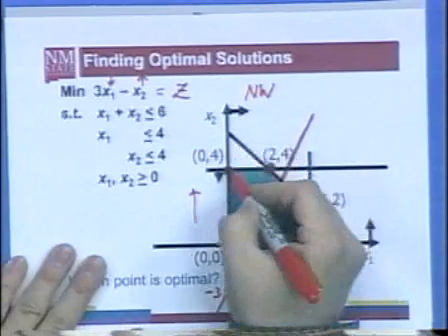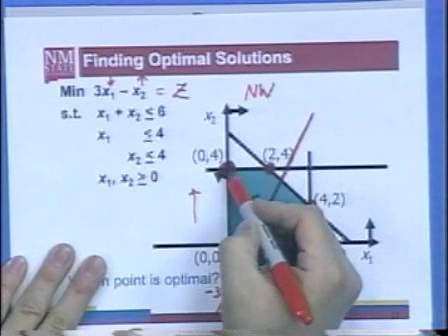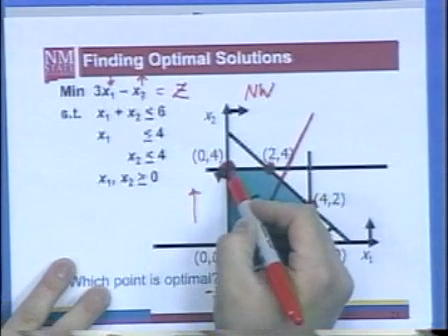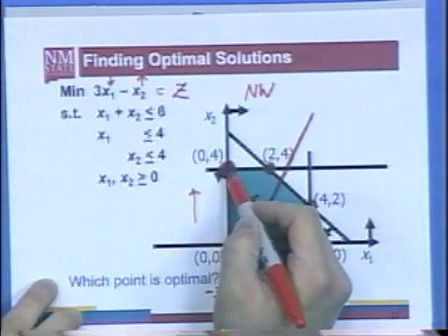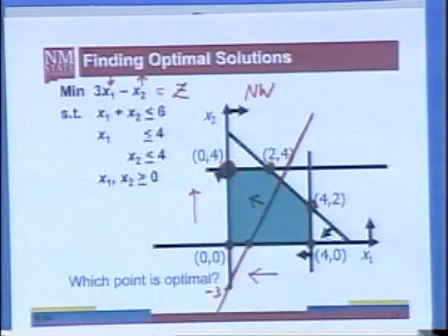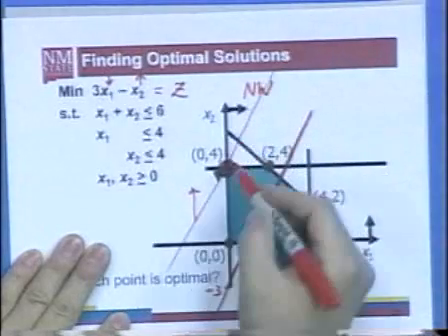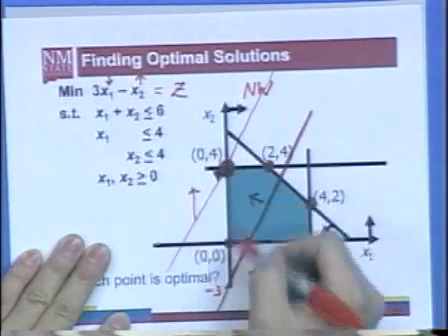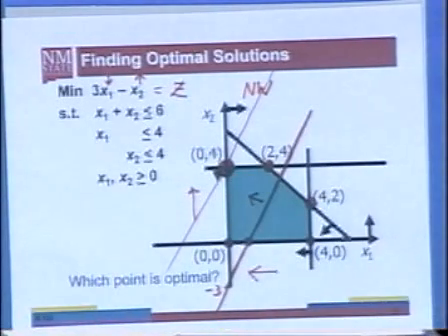Then, of course, it's obvious our optimal solution can be found at this point, right? Because at this time, the iso value line still intersects the feasible region, okay? How about the next example?